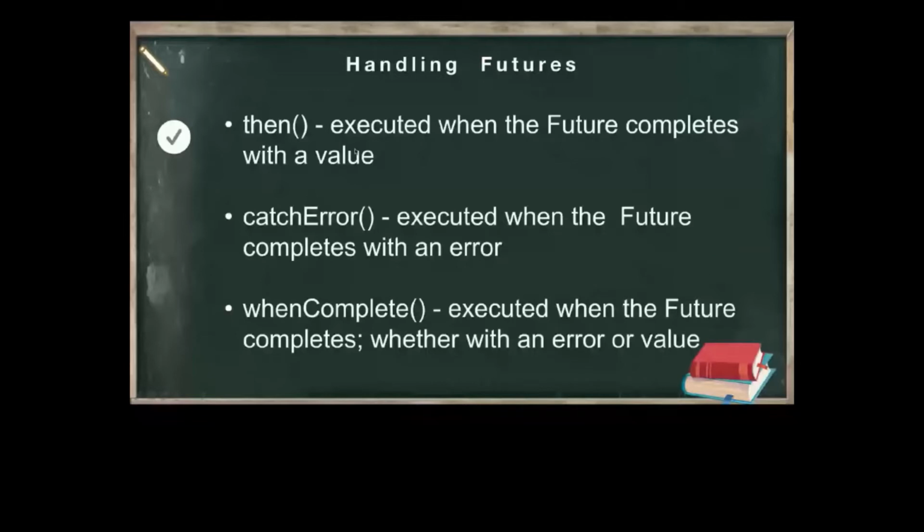We have a catchError function. Catch error will execute only when there's an error. Then whenComplete will be executed whether there's an error or not. Basically, in the end, it will happen.